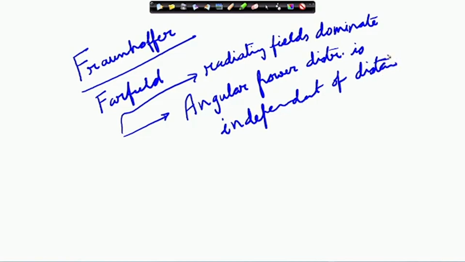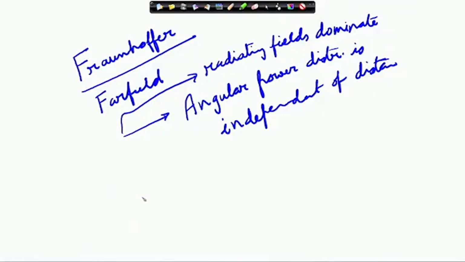Obviously if I measure at a further away distance, the power will be reduced, but the angular distribution, that means how the power is distributed at different angles at that distance, does not change in the far field. That is an important criterion, because it will lead us to characterize the directional nature of the antenna, which we will discuss when we discuss the radiation pattern, etc.